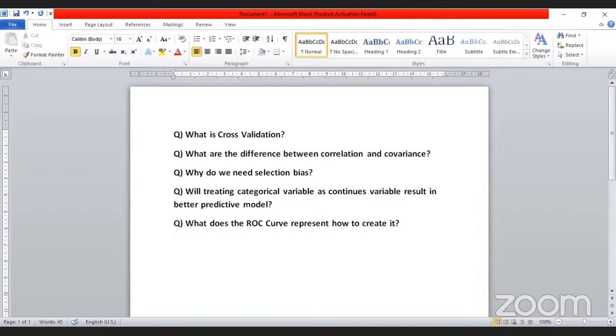The curve is used as a proxy to handle the trade-off between sensitivity and specificity.